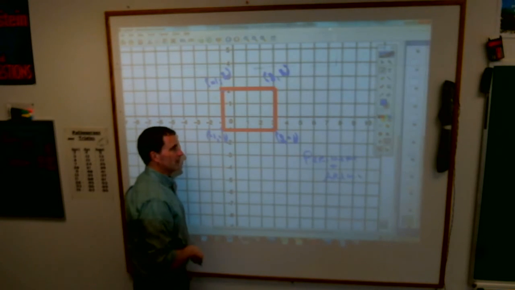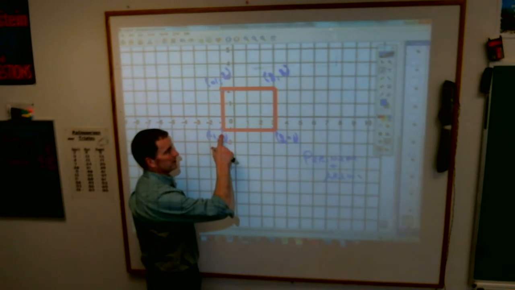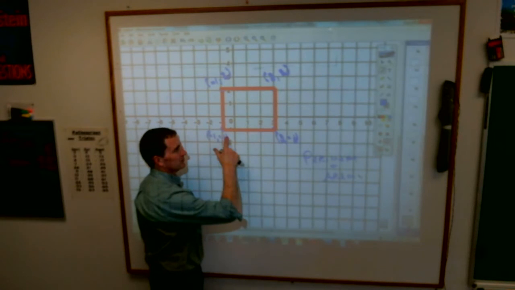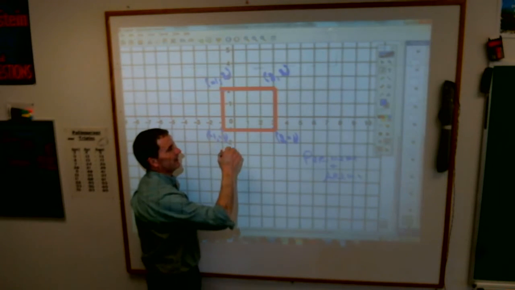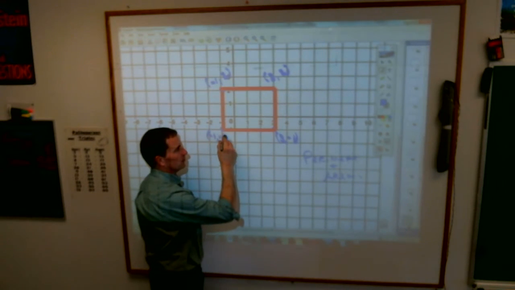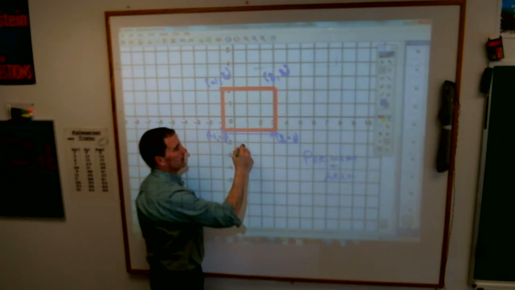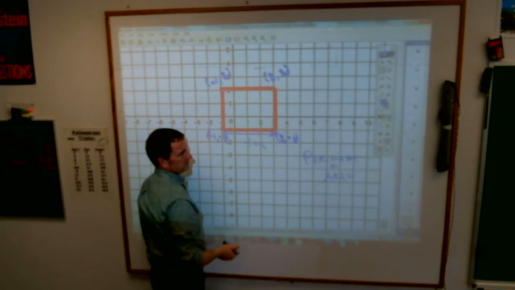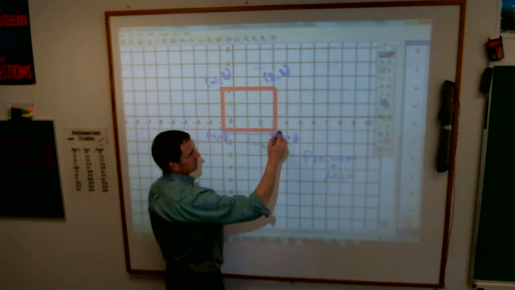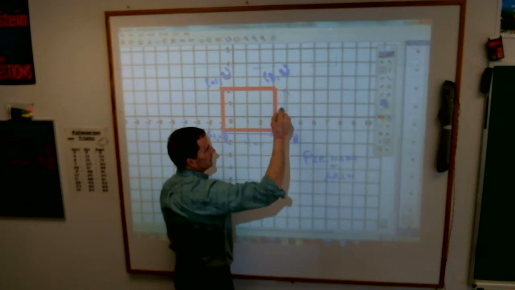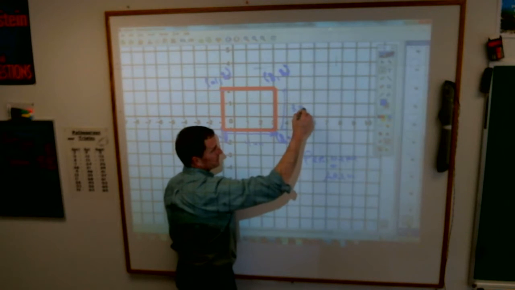Because you could be very confused and go, oh, 1 hash mark, 2, 3, 4, 5, so you say this is 5 wide, it is not. It is 4 spaces, 1, 2, 3, 4. There are 4 units this way, and this thing is 1, 2, 3 units high.